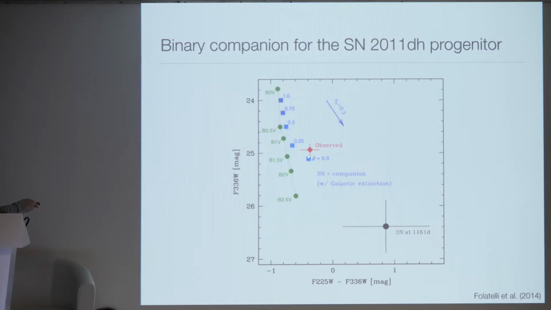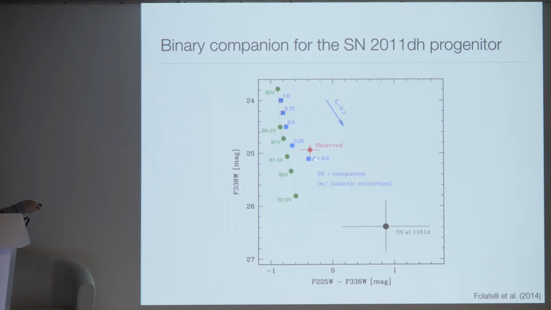So this is again an HR diagram, and they found a star here, and these blue positions are the expected brightness of the companion star, which should have remained there.